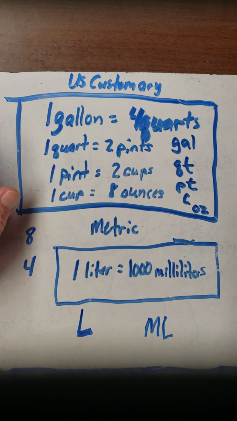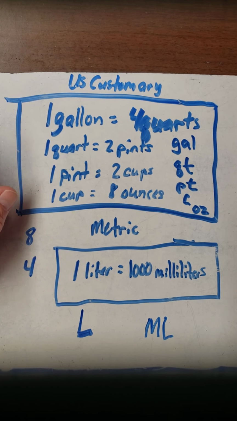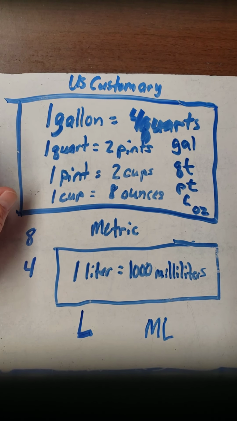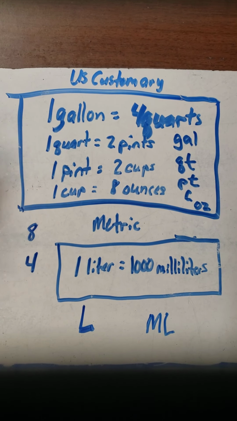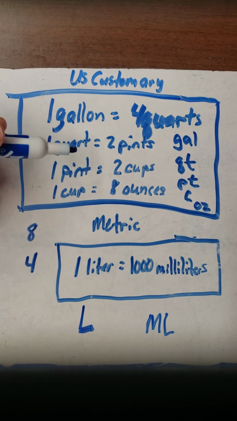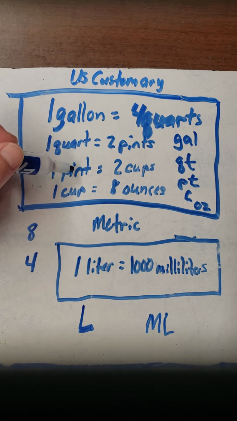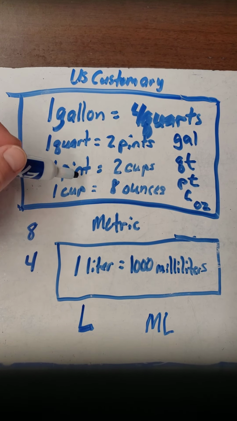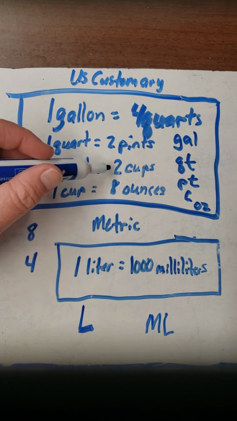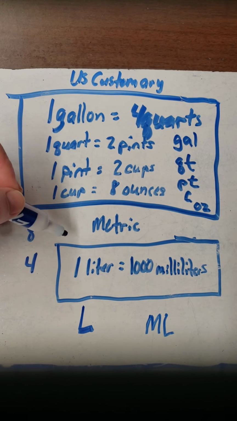Okay. Example 2, which has the greater capacity, a 12-ounce can or a 1 pint container? Okay. Well, we know that 1 cup is 8 ounces, and there's 2 cups in a pint, right? So if it's asking us 12 ounces versus 1 pint, if there's 2 cups in 1 pint, that's 16 ounces in a pint.